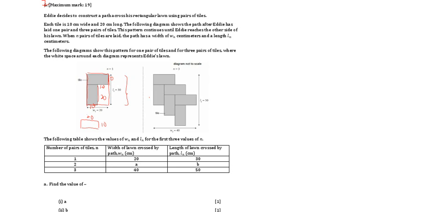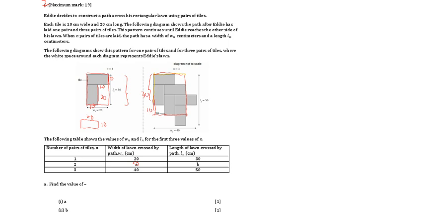Okay, and then there is also a table here, and we're asked to find the value of A and B. For this one, pair number 2, let's just make a drawing here. Just make it red so it can be seen. Up to this point, we already know this to be 30.